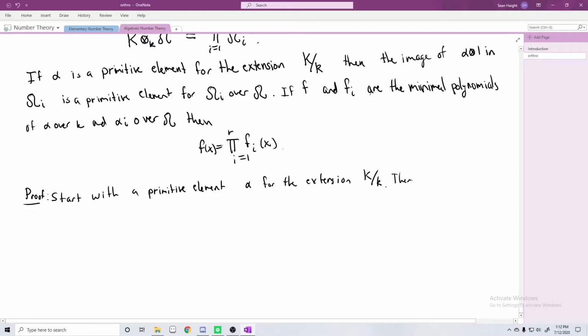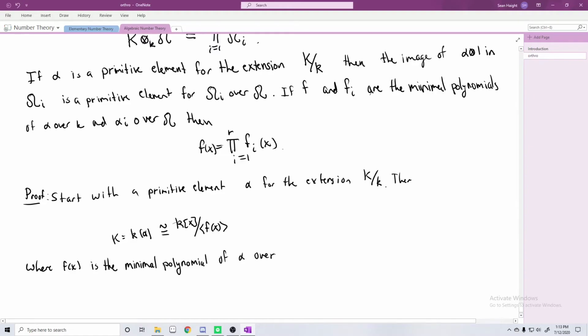Then, basically by this remark, we have big K equals k join alpha, which is k of x mod the ideal generated by f of x, where f of x is the minimal polynomial of alpha over little k.